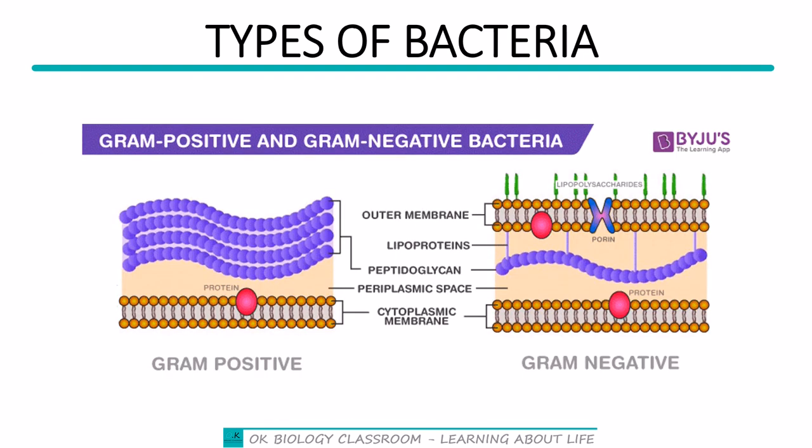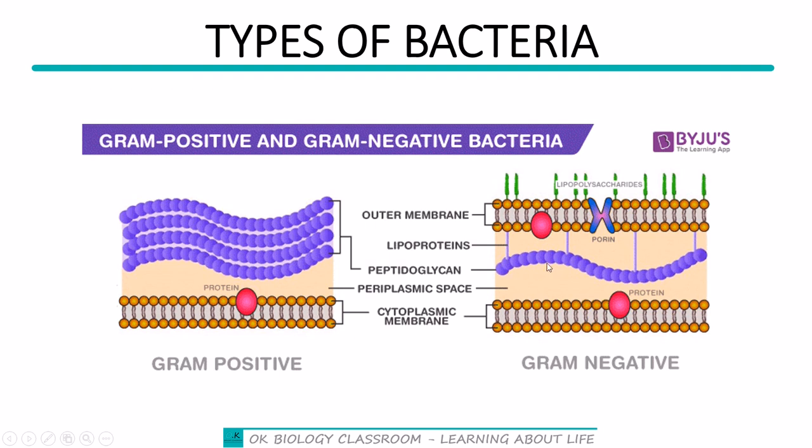And let's look at this image to better appreciate what I'm talking about. This is gram-positive bacteria, and here there is a thick peptidoglycan, and so no outer membrane. This is an inner membrane, so the membrane around the cytoplasm, but there is no outer membrane here because the cell wall is thick enough because of the thickness of the peptidoglycan.